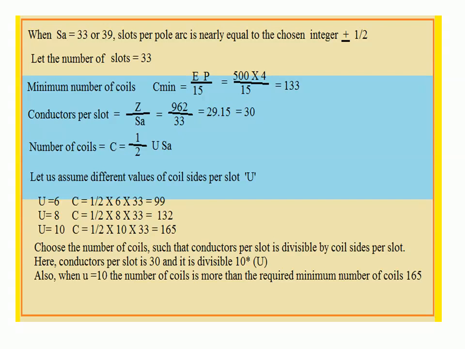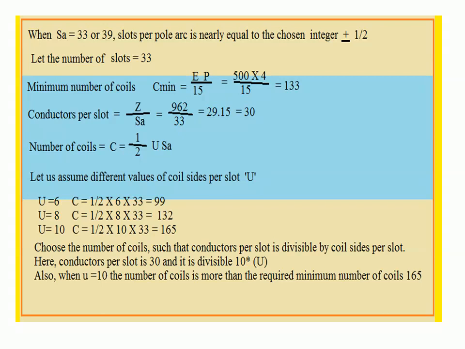Calculate the possible values of coils. C equal to half U S, where S is 33. For number of coil sides per slot U equal to 6, you get 99. Similarly, U equal to 8, 132. U equal to 10, 165. These are the possible values of coils.